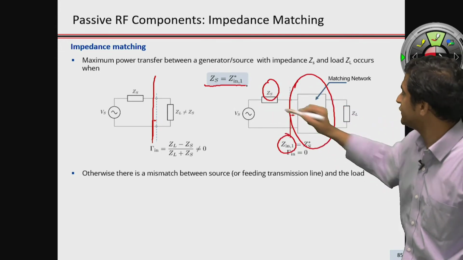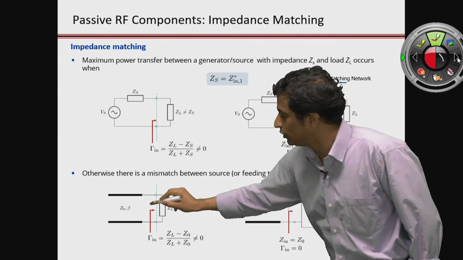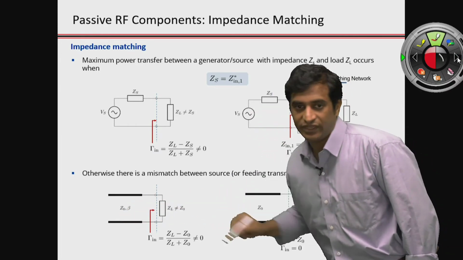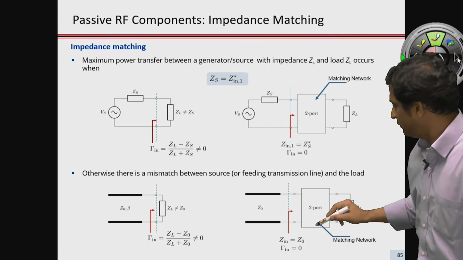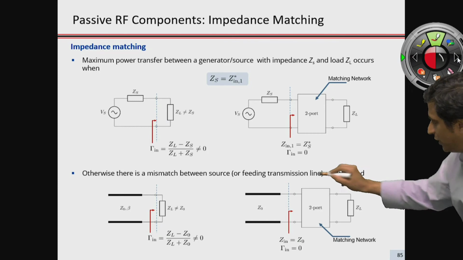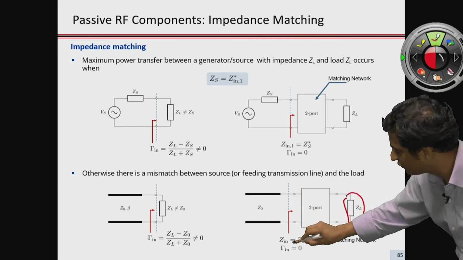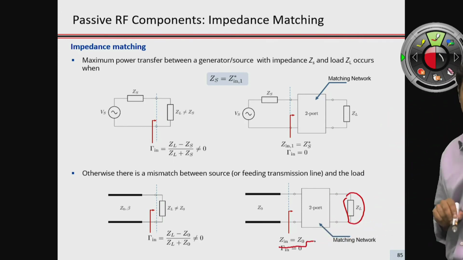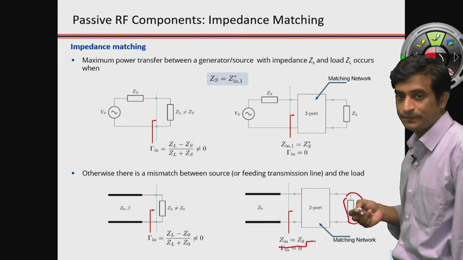The same concept can be extended to the case of a particular load with a transmission line feeding that load impedance. Similarly, in this case, the impedance matching network transforms a particular load impedance ZL to the characteristic impedance of the transmission line, which is usually resistive and typically 50 ohms.